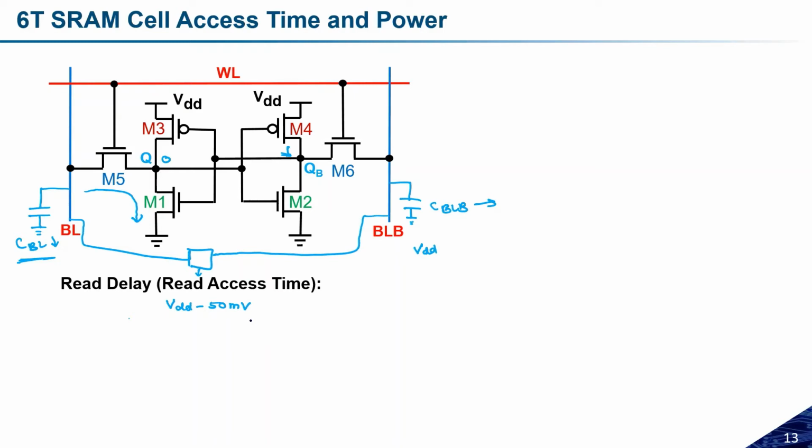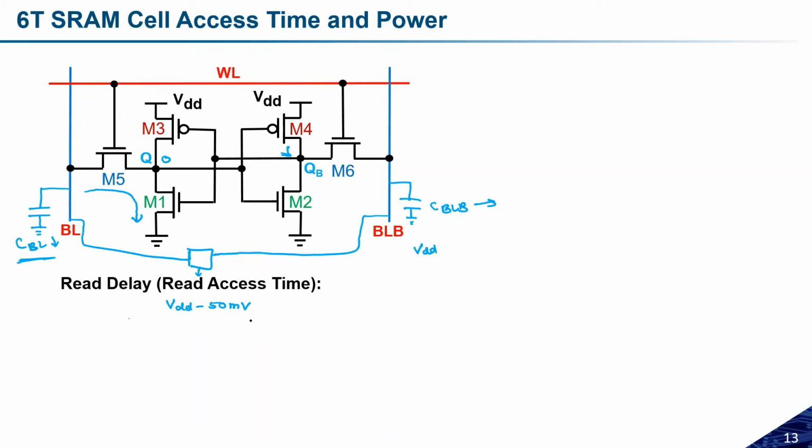Now this CBLB will start discharging because Q is 0 here, and it will take some time to reach VDD minus 50 millivolts. The time taken to reach this voltage is known as the read access time. So the time at which we activated the word line and the time at which CBL is equal to VDD minus 50 millivolts, this time difference we call the read access time.